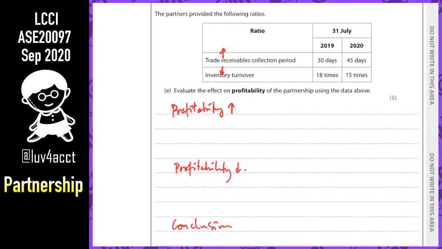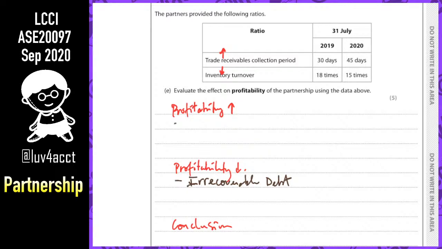Okay, so let me see. Trade receivables, when it is increased, the first effect would be that it is possible for irrecoverable debt, because when they are paying later, you have a higher risk of irrecoverable debt, and this would affect your profitability if you have more expenses.